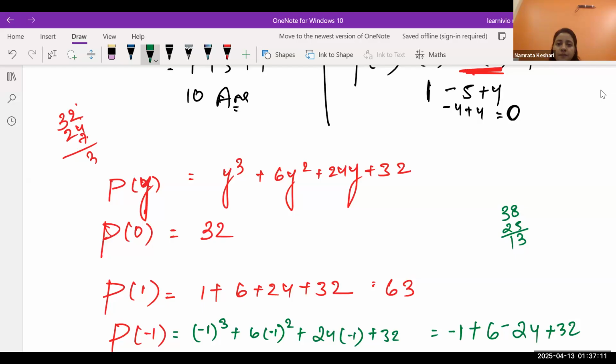Yes, Afia, what are you getting? Let's do it together. So minus 1 plus 6 is just 5, right? Plus 5, minus 24, plus 32. 5 minus 24 is minus 19, plus 32. Now from 32, if we subtract 19, what are we going to get?